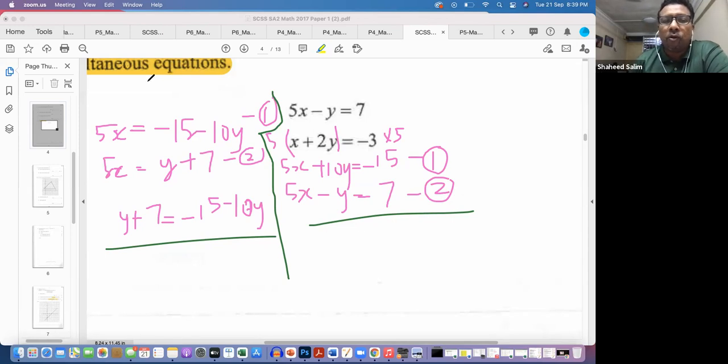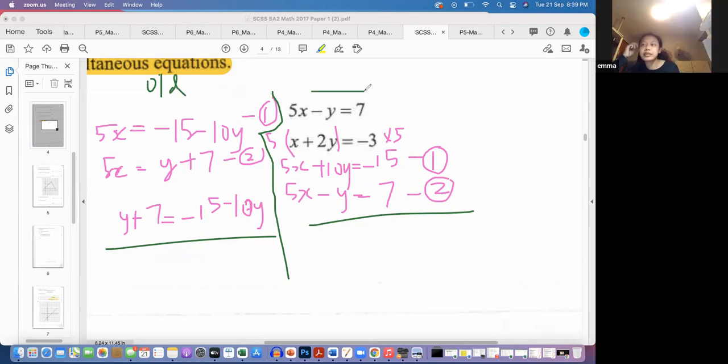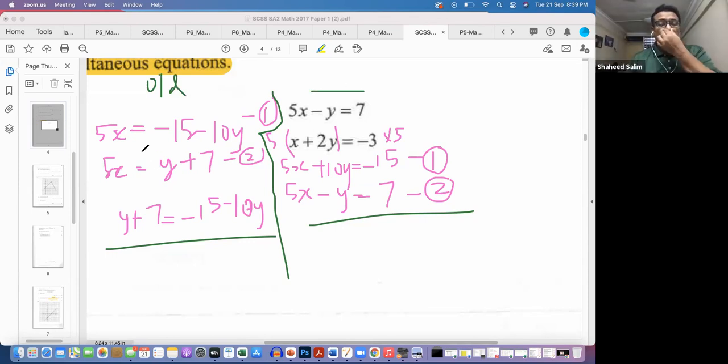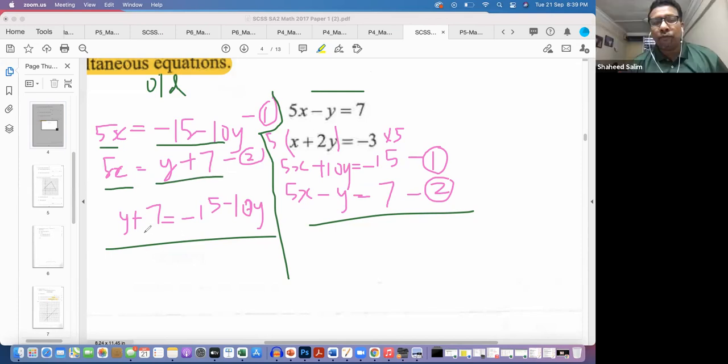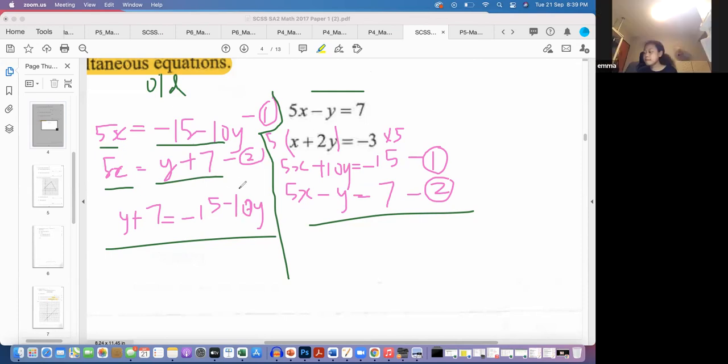Which one do you prefer? Your old method, or you want to do this method? The old method, okay. So you agree 5x equals this? You agree 5x also equals this? Therefore, y plus 7 equals minus 15 minus 10y. You can bring the y over this side.